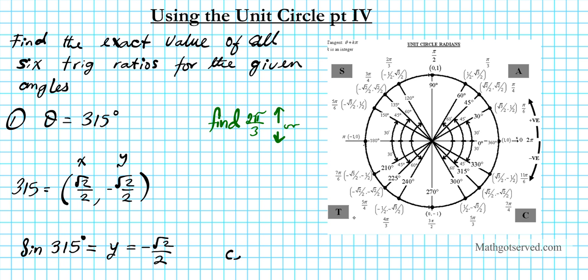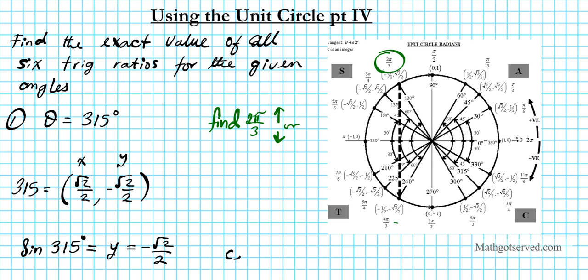All right, let's look for 2 pi over 3. There you have 2 pi over 3 right there. So you see this is our first point in the first quadrant. We're going to reflect straight down. So if I reflect straight down, we're going to end up with that point right there. So this point, 240, is the same angle as coterminal with negative 2 pi over 3.